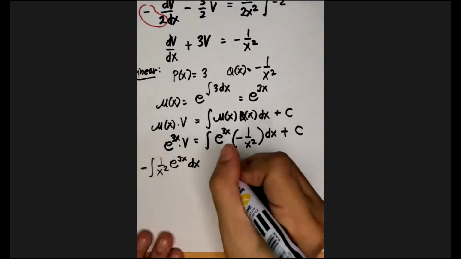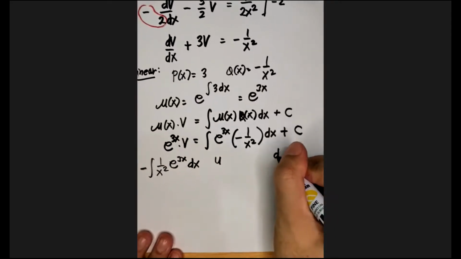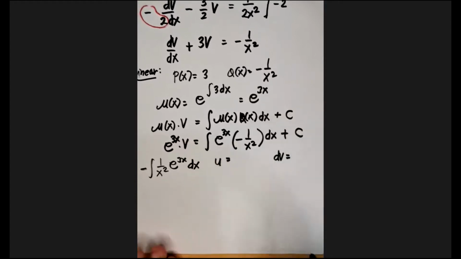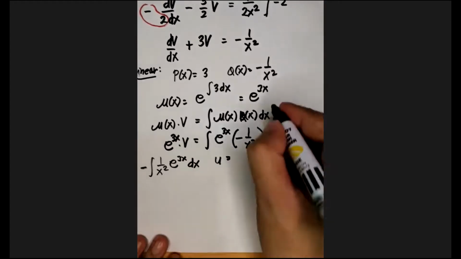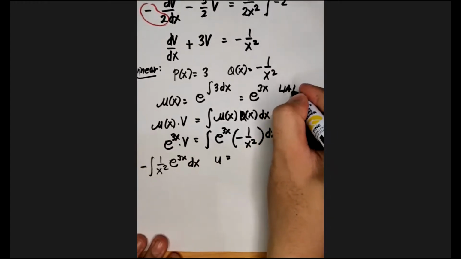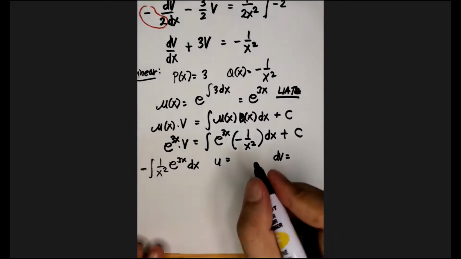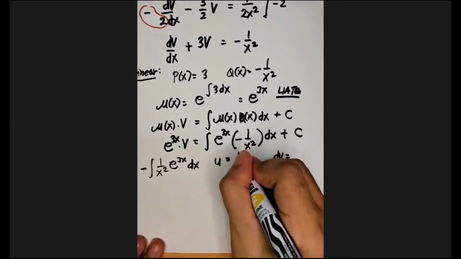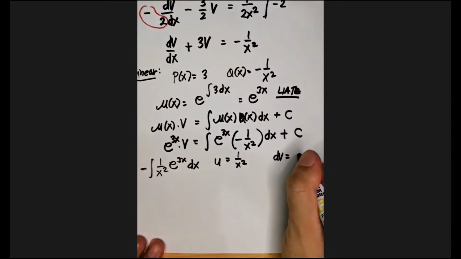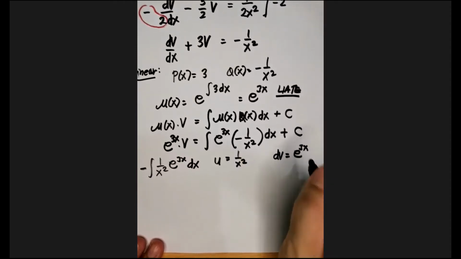Ayan. So pipili tayo ng u at saka dv. So try natin yung method ng Liate. So kung Liate yan, dini-select yung ating u. So ano yung mauna, yung algebraic sa exponential. So magiging itong 1 over x squared ang u, dv is e raised to 3x.